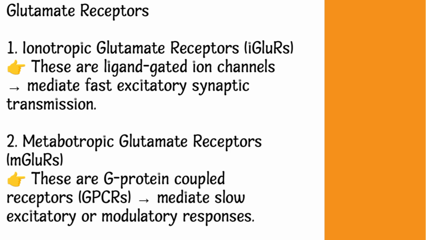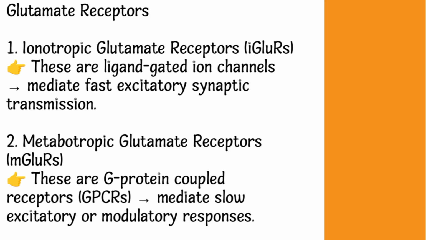Now the first group we have here is the ionotropic glutamate receptors. They are ligand-gated ion channels. They mediate fast excitatory synaptic transmission. While the next group is metabotropic glutamate receptors. Now they are G protein coupled receptors.